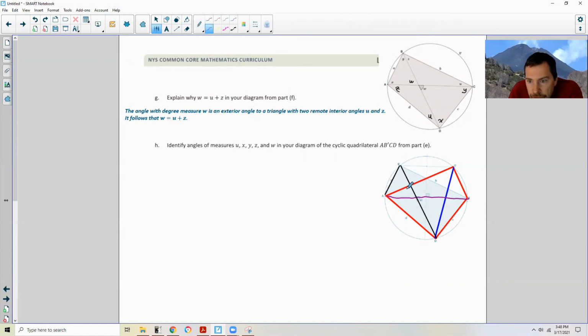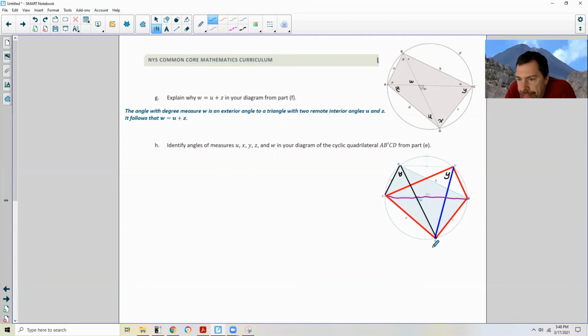This was Y right here. It is intercepting AD. Well, if you look, angle AB prime D also intercepts that same one. So this would be Y on this side, and we need to follow that guideline there. So this is going to be W over here as well. All right, so Y is AD.